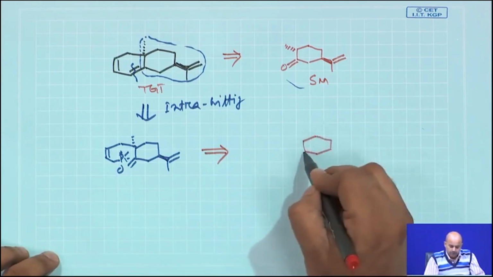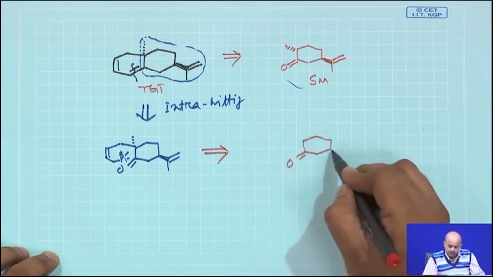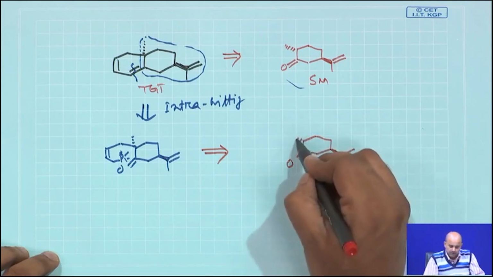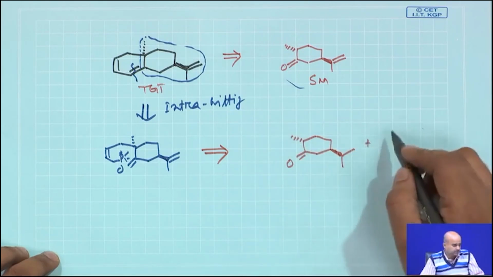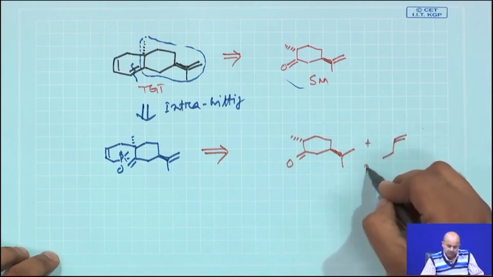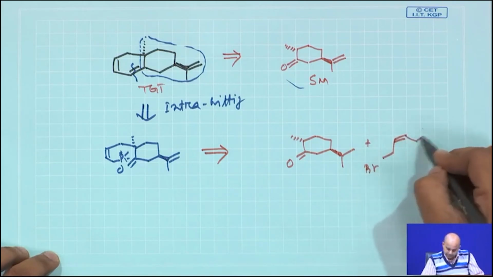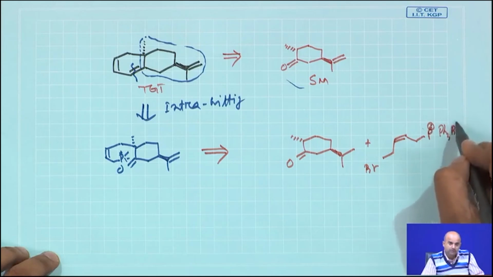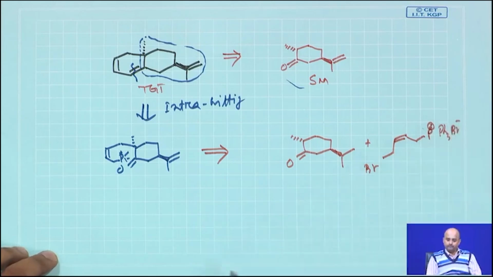If you disconnect the original starting material with this particular group, yes, it is quite possible.